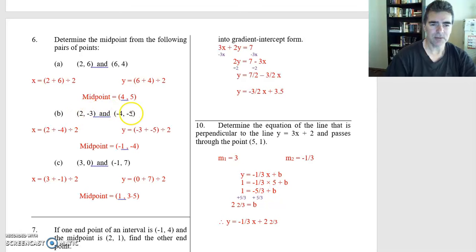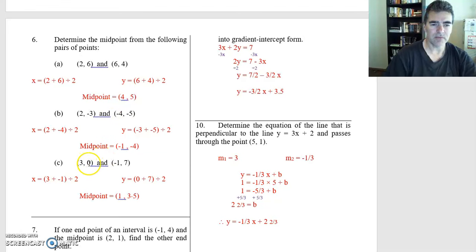Midpoint between the next two, add the x values, 2 plus -4. Do it in brackets, then halve it, I get -1, and halfway between -3 and -5 for the y values is -4. So the midpoint is (-1, -4).